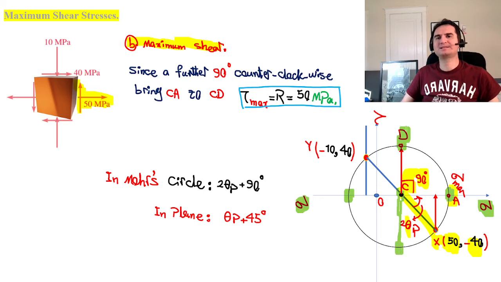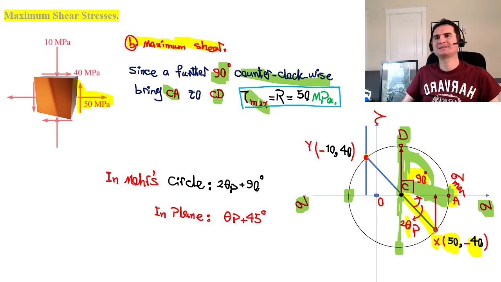So that's the maximum shear. And if you look at the Mohr circle, the maximum shear is simply the numeric value of R, the radius of our circle. A further 90 degrees counterclockwise rotation brings CA to CD, which is the maximum shear.